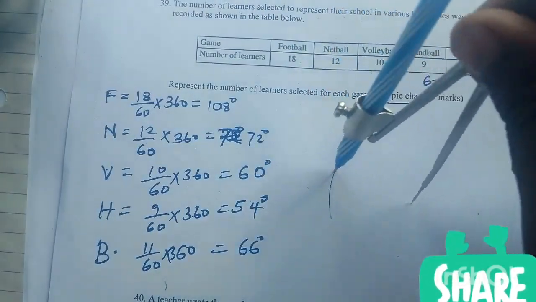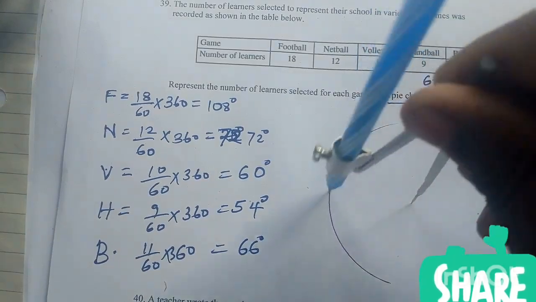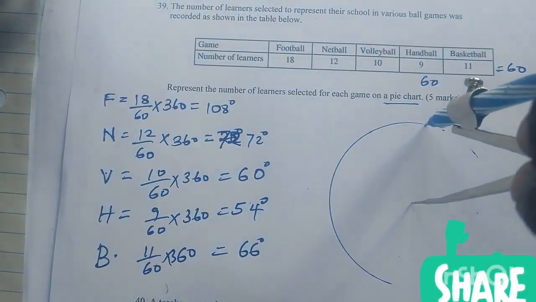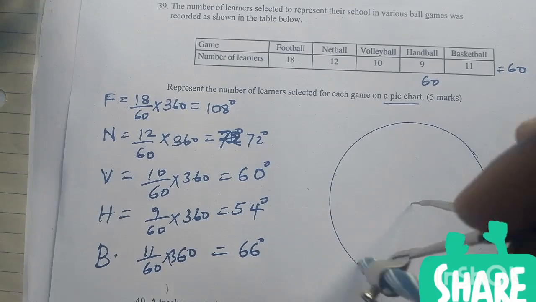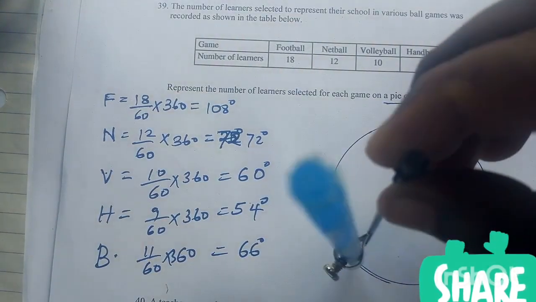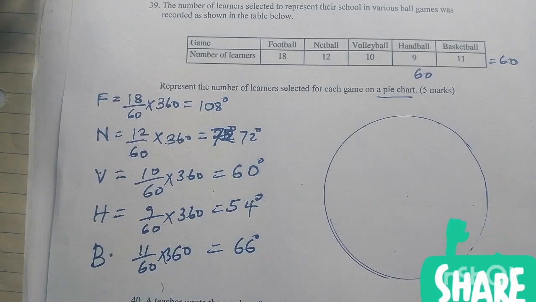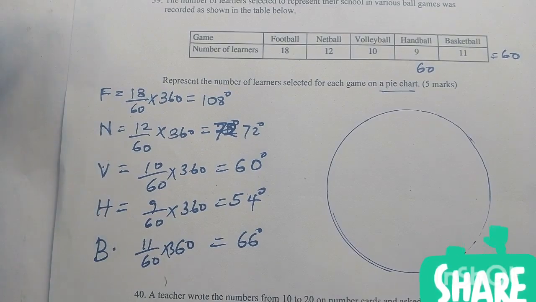So I'm going to draw the circle of my choice, radius of my choice. That is my circle. Now bring your protractor. Start measuring your angles.